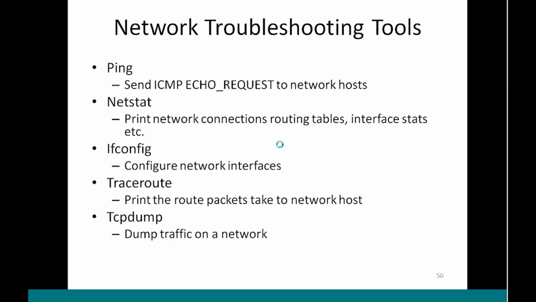Essentially, if it receives a packet from a particular IP address, what should be the next IP address? That kind of information is in the routing table. The network connections print out the nearest neighbors that are connected and how they are connected, and the interface stats show what kind of ports are open and which ports can be used for communication.